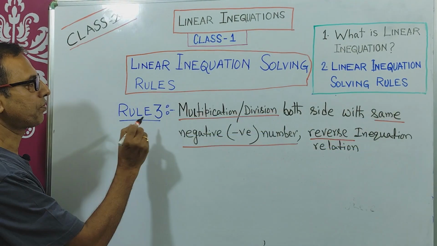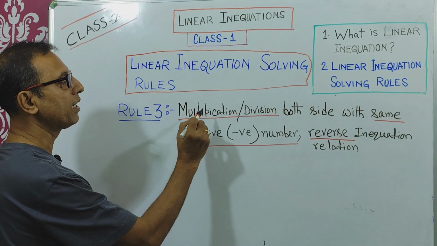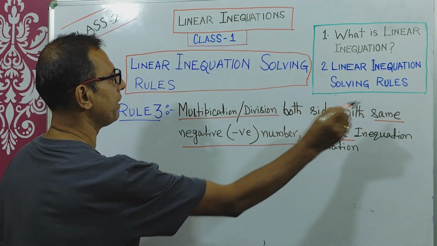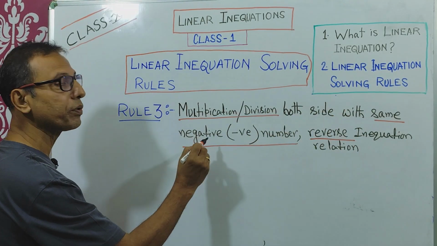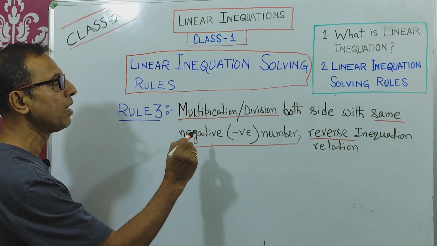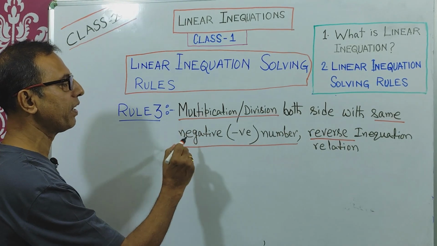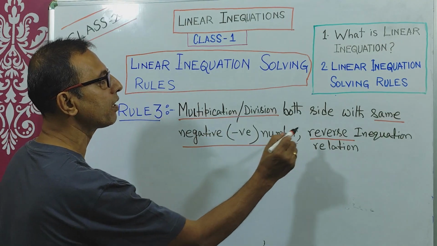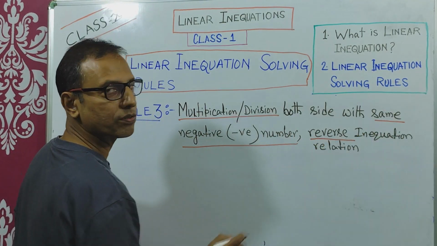Okay. Rule number 3. Now if you multiply or divide both sides by the same negative number: rule 2 is with the same positive number, where there is no change in the inequation relationship. But if you multiply or divide both sides by the same negative number, then it reverses the inequation relation.